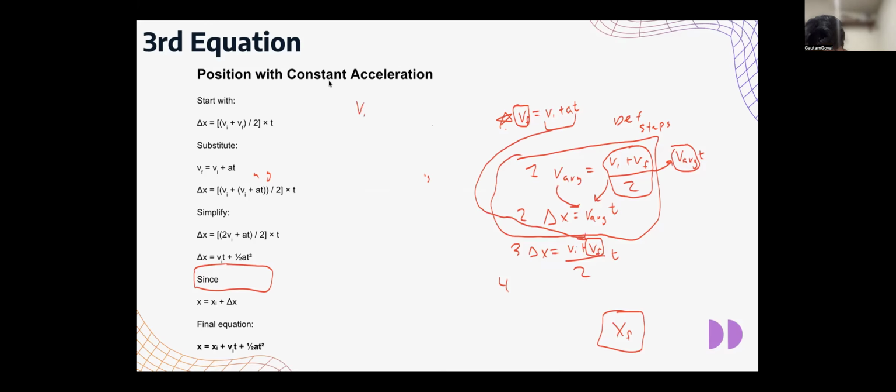I'm going to do it up here since I have more space. VI plus AT, and this was equal to the VF, right? If you look at the average, it was VI plus VF over 2.